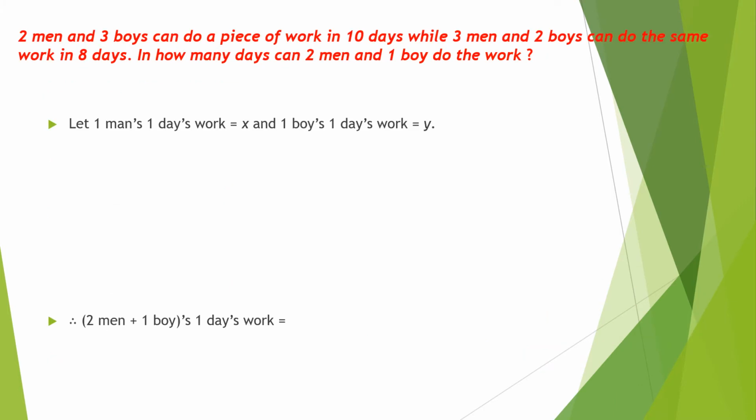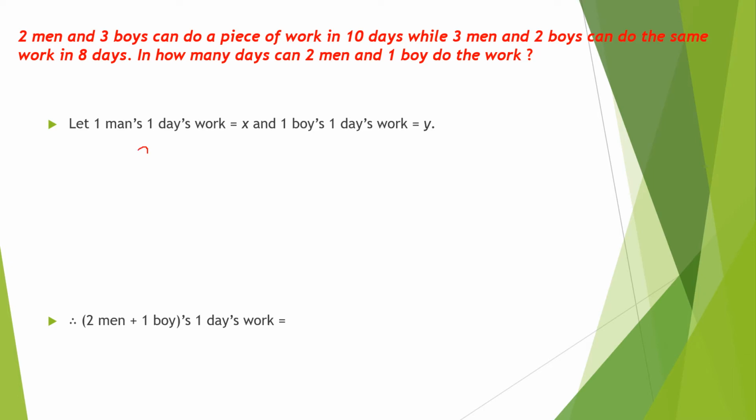So the next question: 2 men and 3 boys can do a piece of work in 10 days, while 3 men and 2 boys can do the same work in 8 days. In how many days can 2 men and 1 boy do the work? Let one man's work for 1 day be x and 1 boy's work be y.